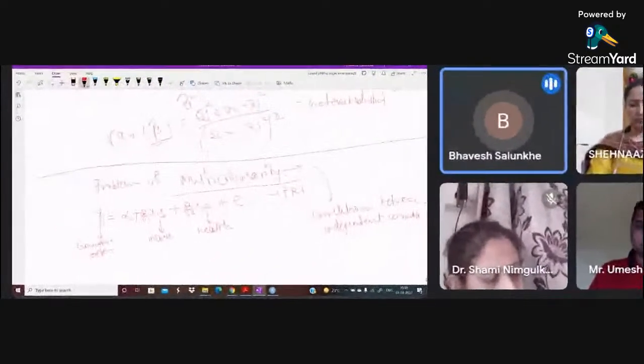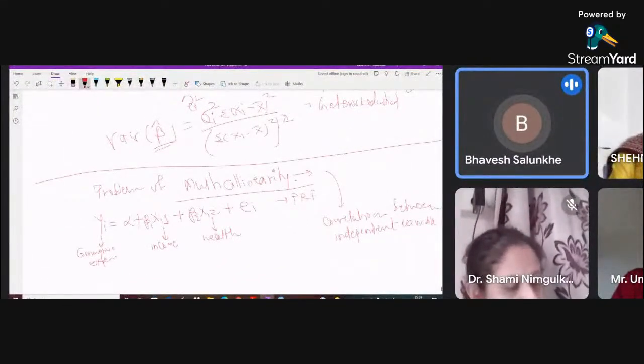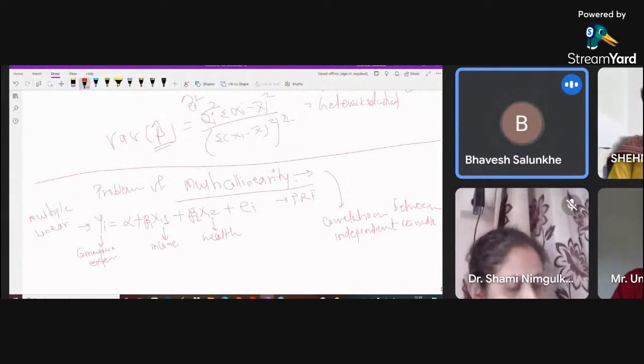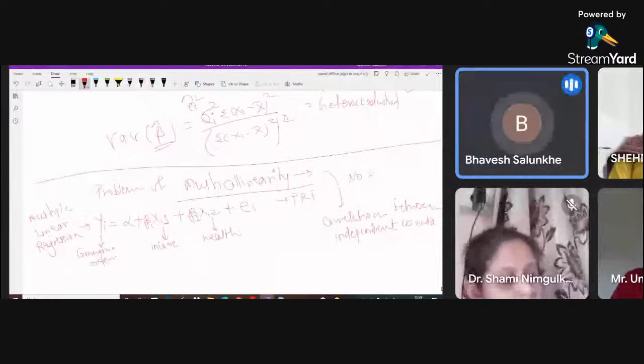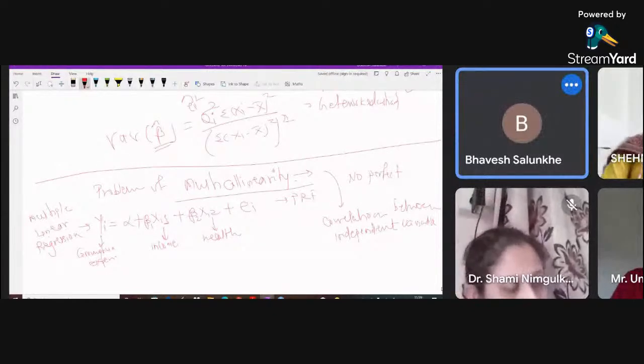So one of the assumptions that we make when we go for multiple linear regression is that there is no perfect collinearity.